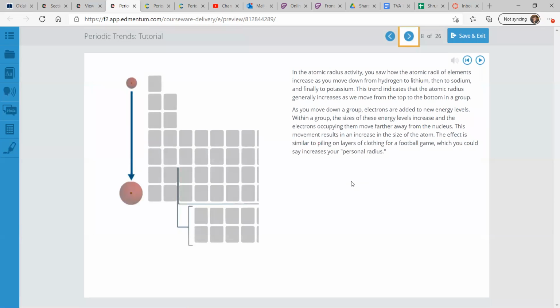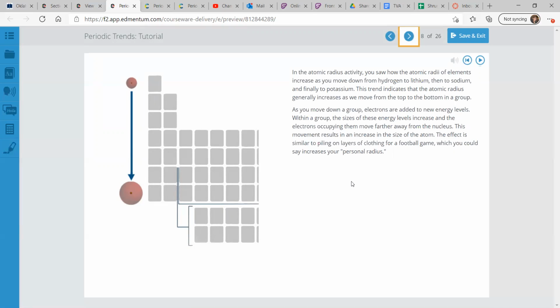In the atomic radius activity, you saw how the atomic radii of elements increase as you move down from hydrogen to lithium, then to sodium, and then potassium. This trend indicates that the atomic radius generally increases as we move from the top to the bottom in a group. As you move down a group, electrons are added to new energy levels.